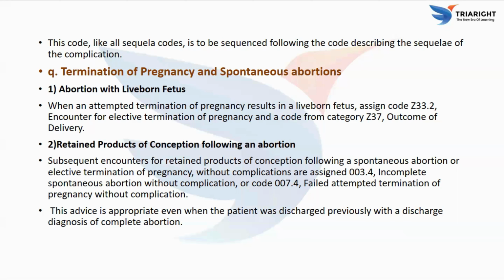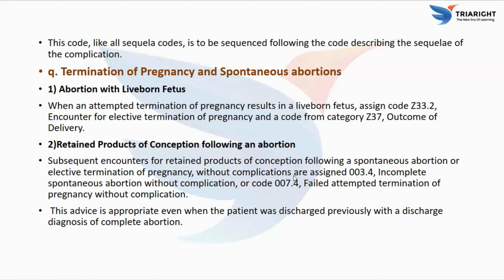So if the patient comes later, not immediately, for the treatment of retained tissue and there are no complications, you have to use code O03.4, which describes incomplete spontaneous abortion without complication. So this is used when the miscarriage happened naturally. Or code O07.4, failed attempted termination of the pregnancy without complication.